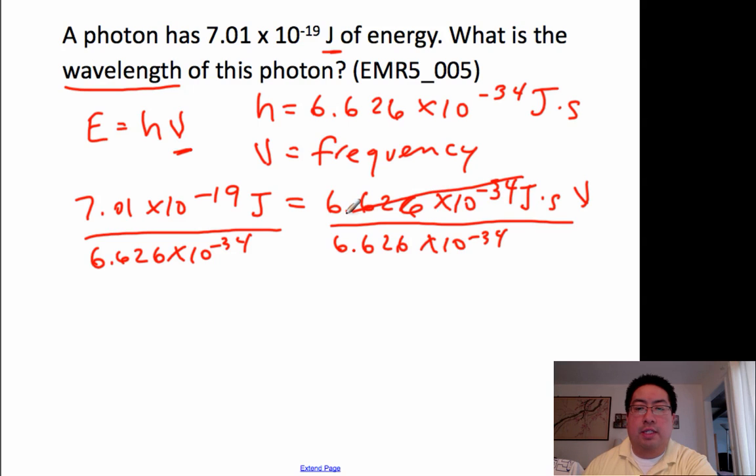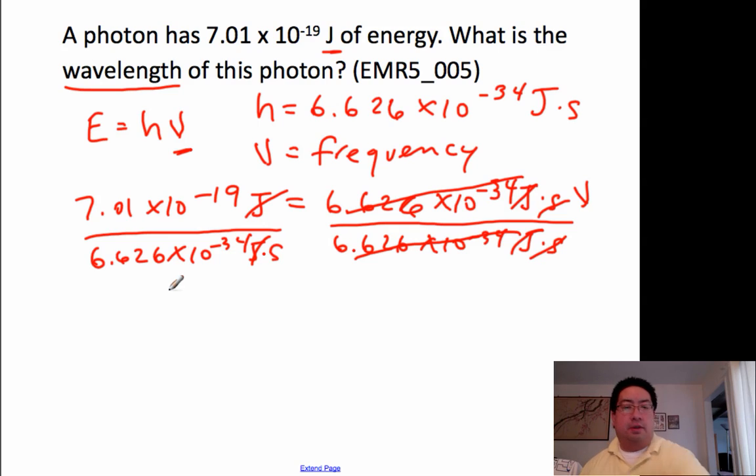And so this cancels over here. The joules cancel. And let's see, oh, this would be joule seconds also. So this cancels, and then we have joule seconds. So all that's left is 1 over second. So there's our frequency unit. And let's go ahead and divide this. So I'm going to break out my calculator just like you would need to in order to solve for this.